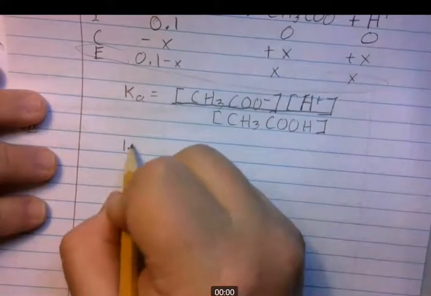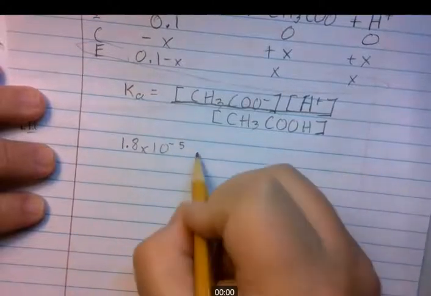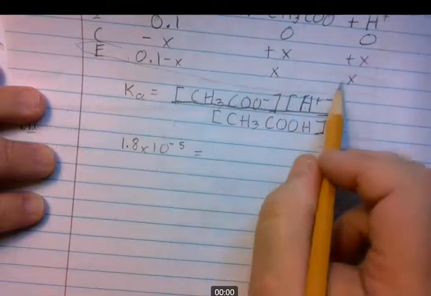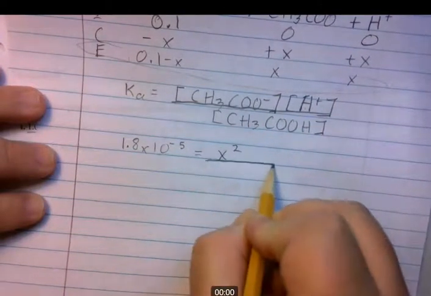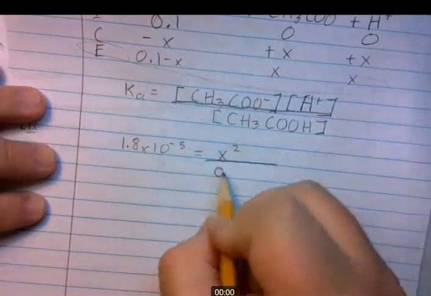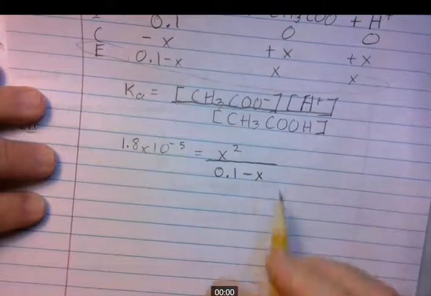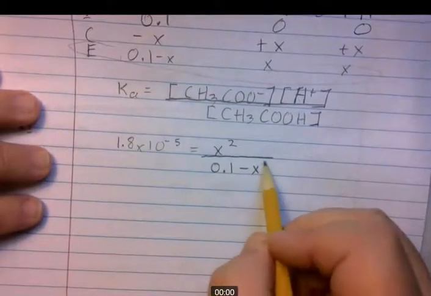Ka is 1.8 times 10 to the negative 5. On the top we have x times x. This is the x for this, and this is the x for this, so it's x squared. Down on the bottom, the only difference from the last one is it's 0.1 minus x. We're still going to assume that this is a very small amount compared to this, so this goes away.